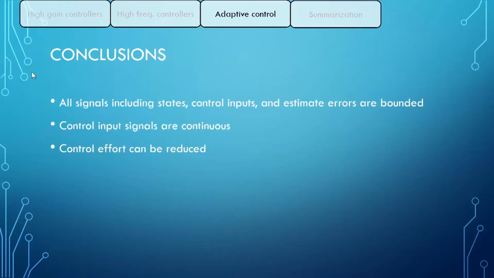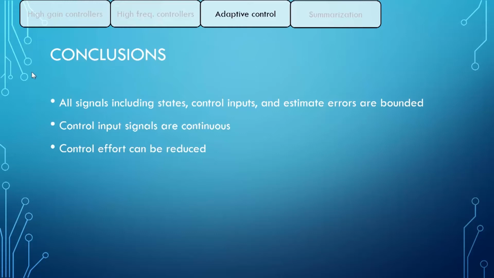So the conclusion is all signals, including states, control input, and estimate errors, are bounded. That's great, right? Control input is continuous. That's great. It's not high frequency, so it's safe for mechanical systems. Control effort will be reduced. Why?